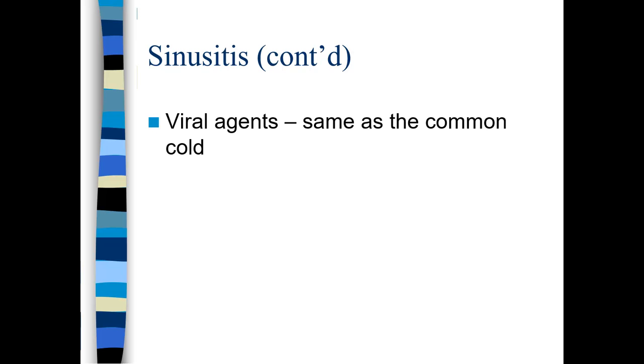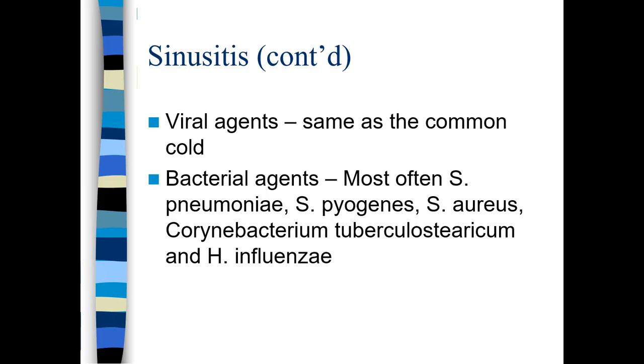The viral agents for sinusitis are the same as the common cold, most commonly rhinovirus. And the bacterial agents are primarily resident microbiota in your respiratory system, like Streptococcus pneumoniae, Streptococcus pyogenes, Staphylococcus aureus, more rarely Corynebacterium tuberculostearicum, and Haemophilus influenzae.